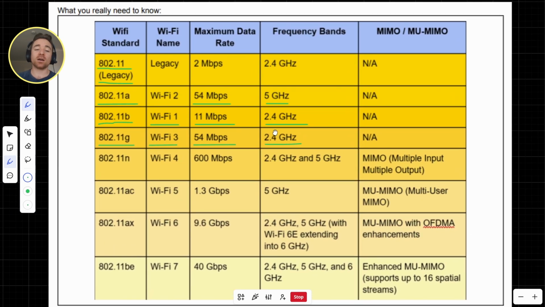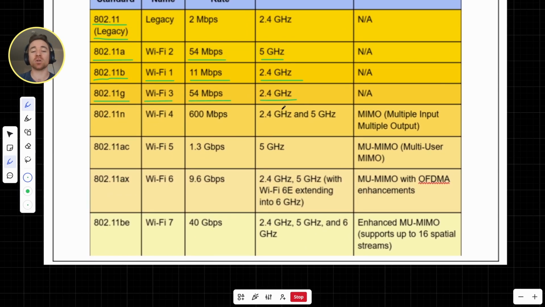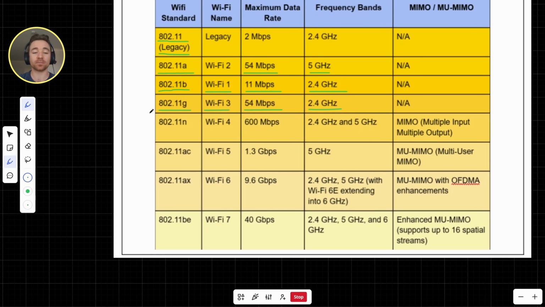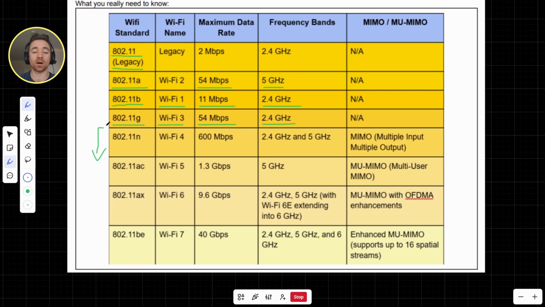Okay. Now, look, guys, for the most part, I would say you're more likely to be tested on these ones, heading down here, than on these ones, simply because these ones are all a lot older. Why don't I use red for clarity? All of this is a lot older.